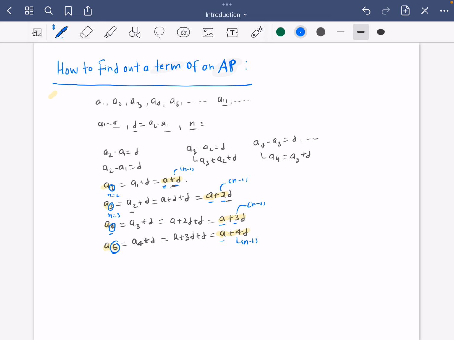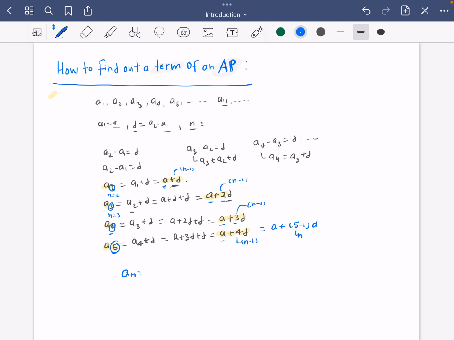That means that any term you calculate, for example, the fifth term is A plus 5 minus 1, you can also write A plus 4, that's n minus 1 times D, n was 5 here.